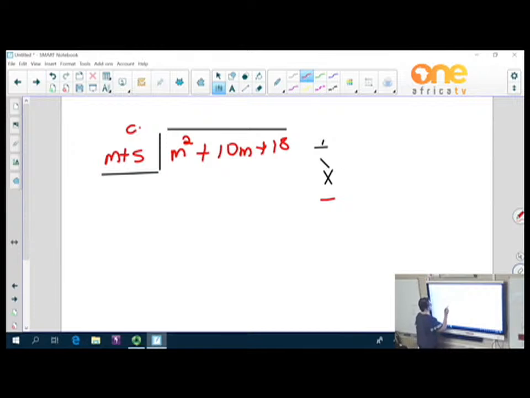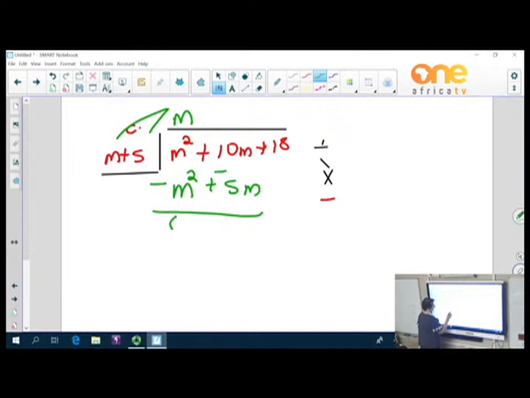So m divides into m squared m times. Multiply: m squared plus 5m. Subtract, eliminates, positive 5m. You bring down the last one, plus 18.